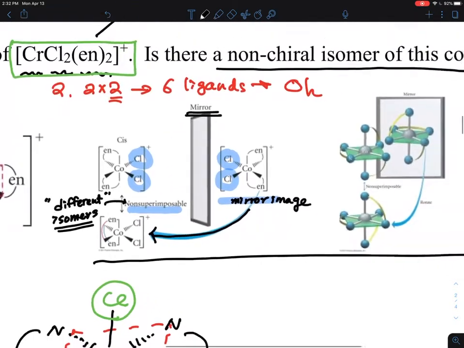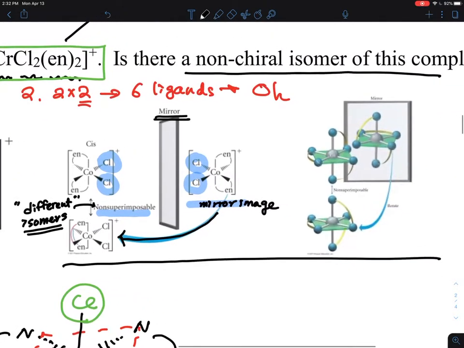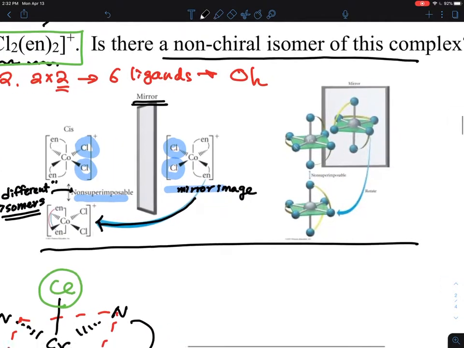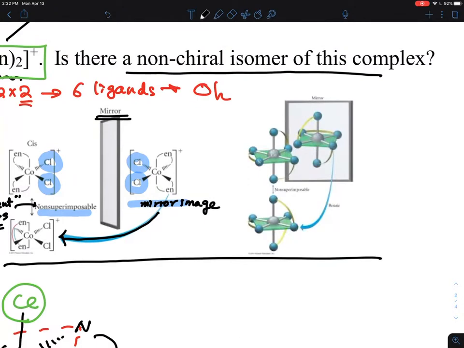That is the example they show here. If you pay close attention, this one is 1, 2, 3, right?